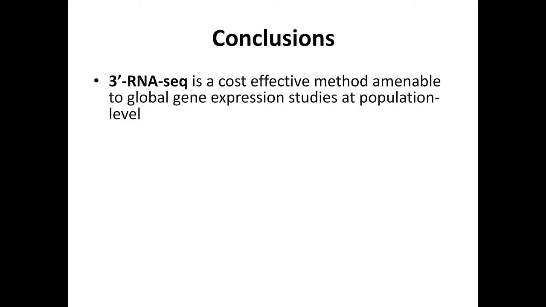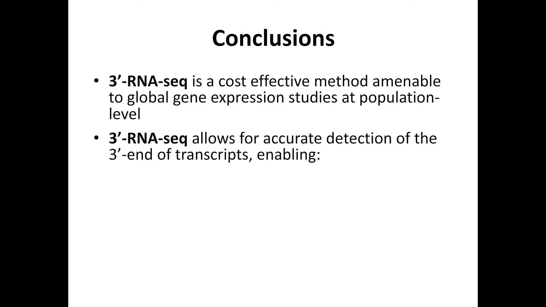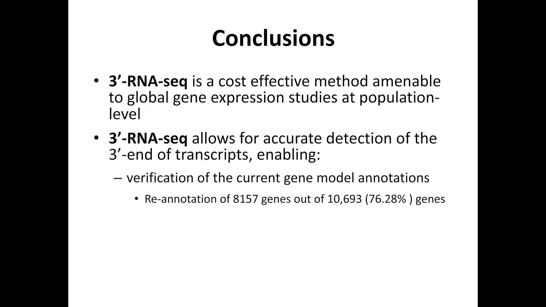And this helps you to scale up a sequencing project for population studies. Also the 3' RNA-seq, as I mentioned, allows for accurate detection of the 3' end of the transcript, which enables verification of the current gene model annotation.